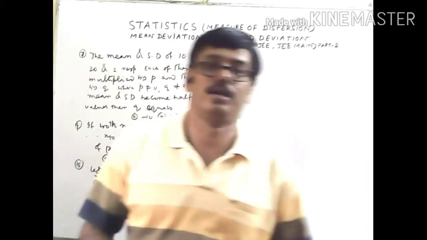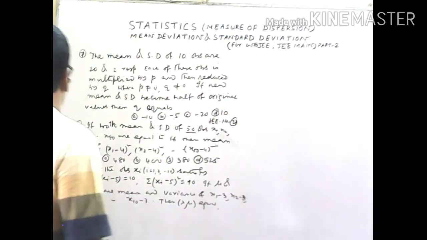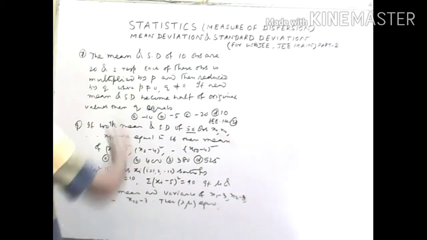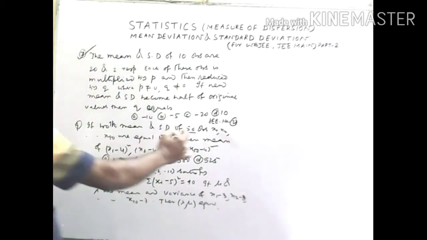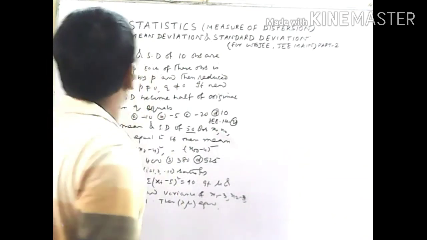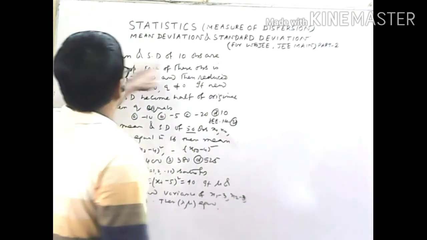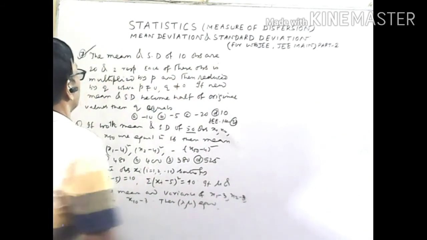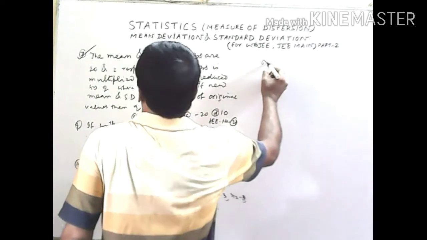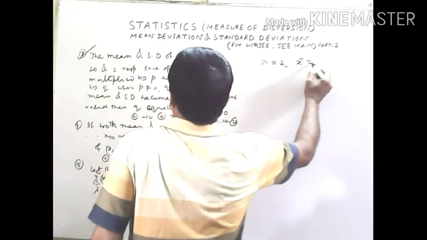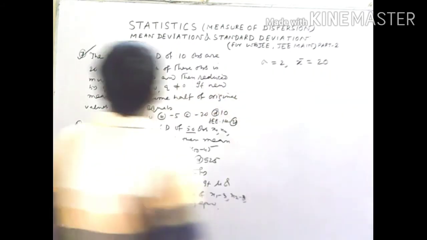Now we consider these problems. Look, problem number 7. All are problems of JEE Main. The mean and standard deviation of 10 observations are 20 and 2 respectively. So sigma equals 2 and x bar equals 20.